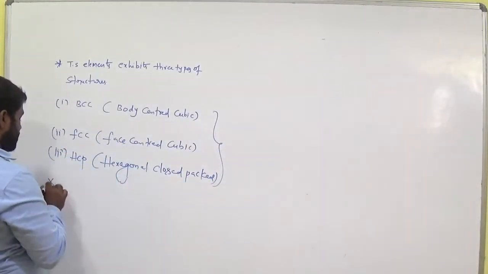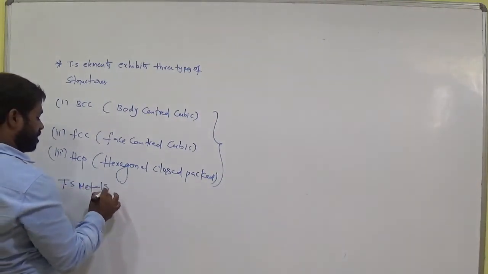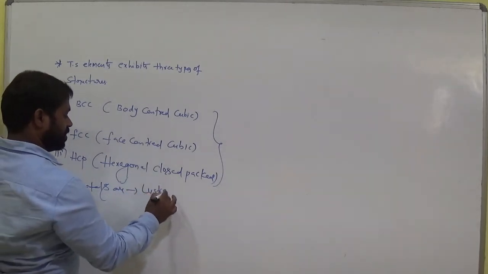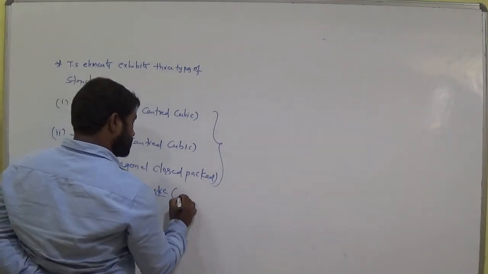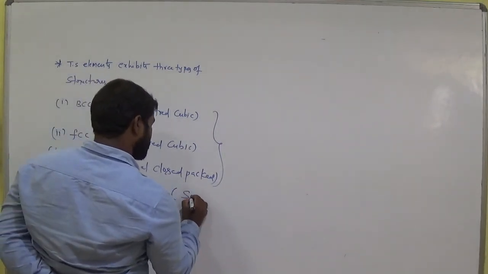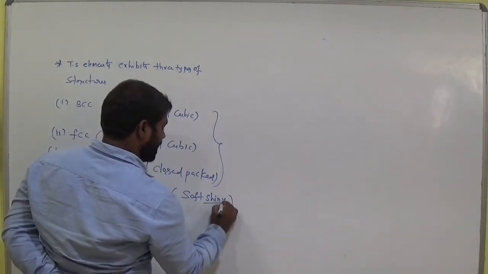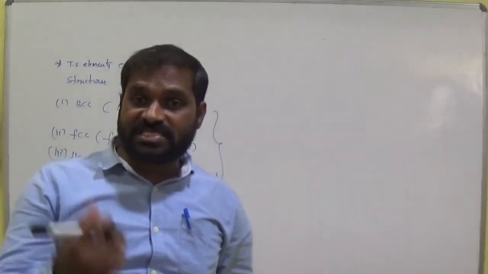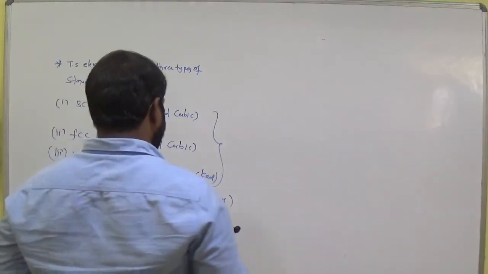And transition metals are lustrous. Luster means soft shiny nature. So if you consider platinum, gold, they are of shiny nature.